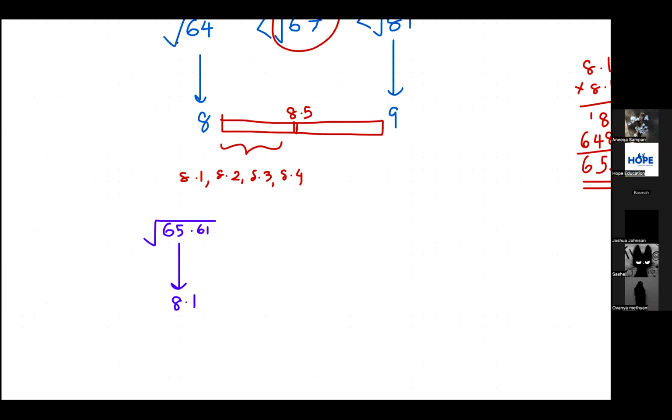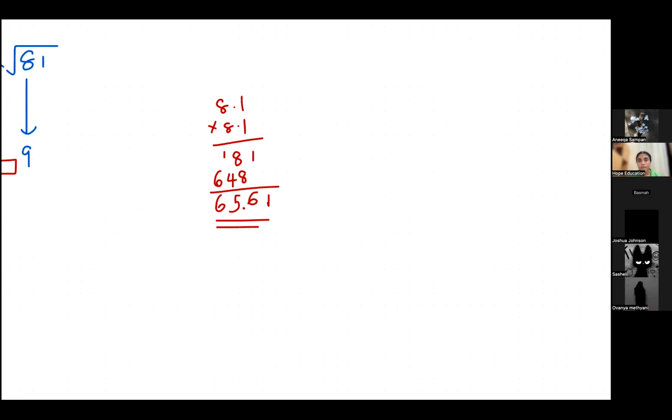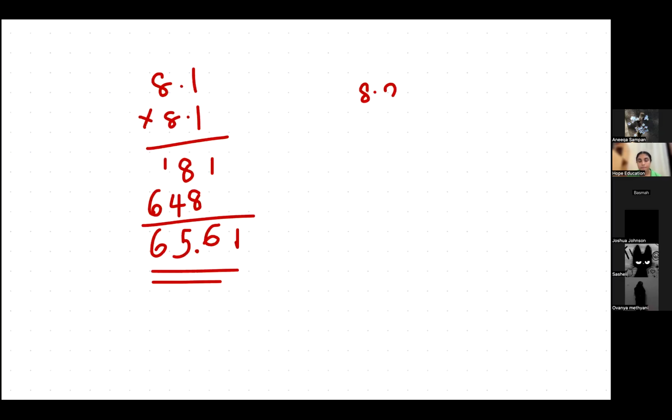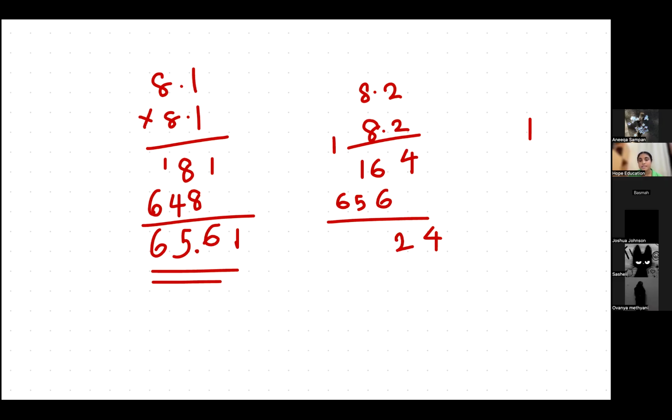Now let's try 8.2. 8.2 multiplied by 8.2. 2 times 2 is 4, 2 times 8 is 16. 8 times 2 is 16, 1 remaining, 8 times 8 is 64, plus 1, 65. So 4, 6 plus 6 is 12, 1 remaining, 5, 6, 7. Here 6.